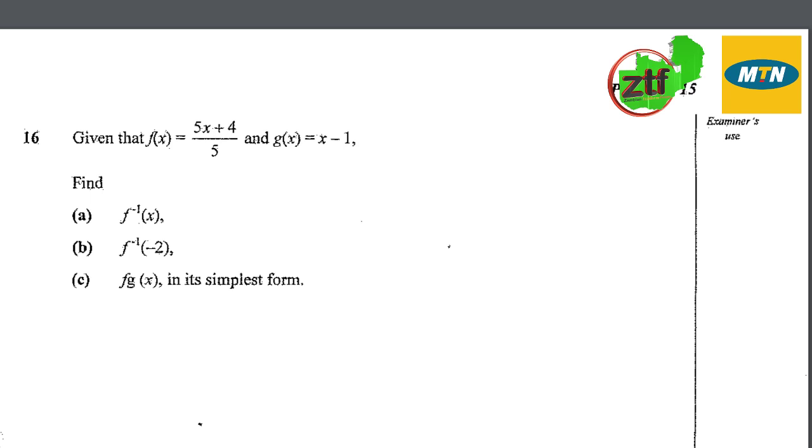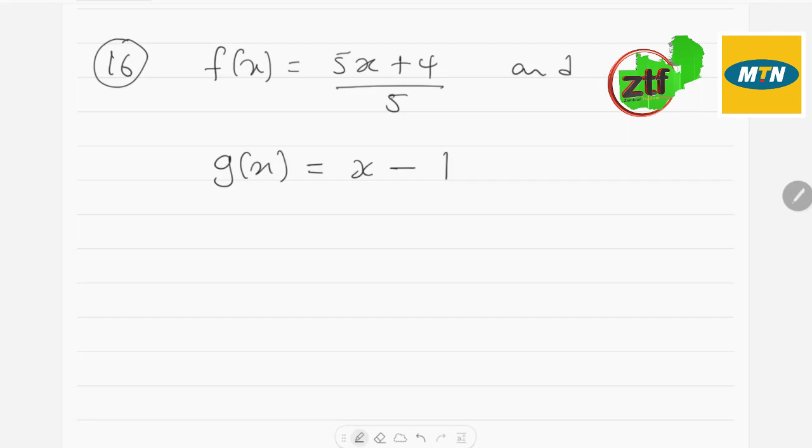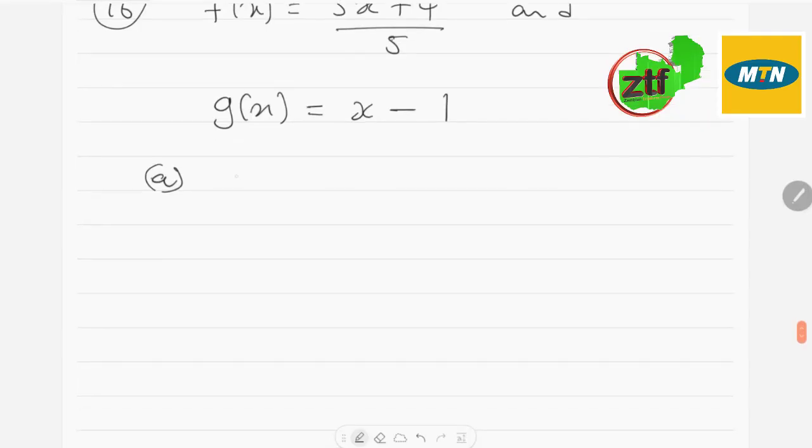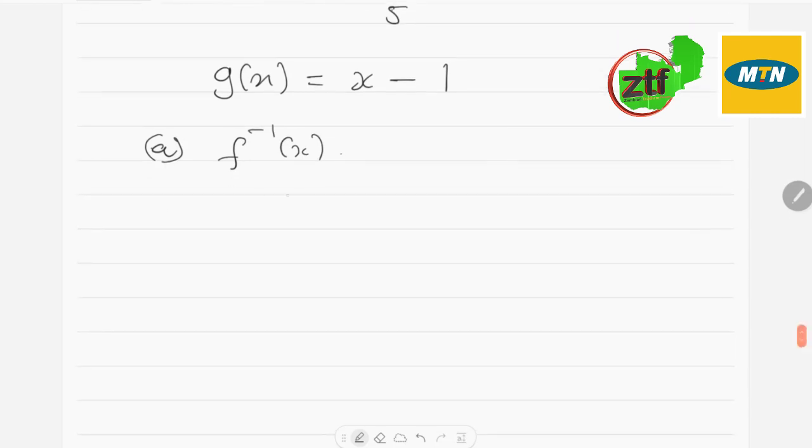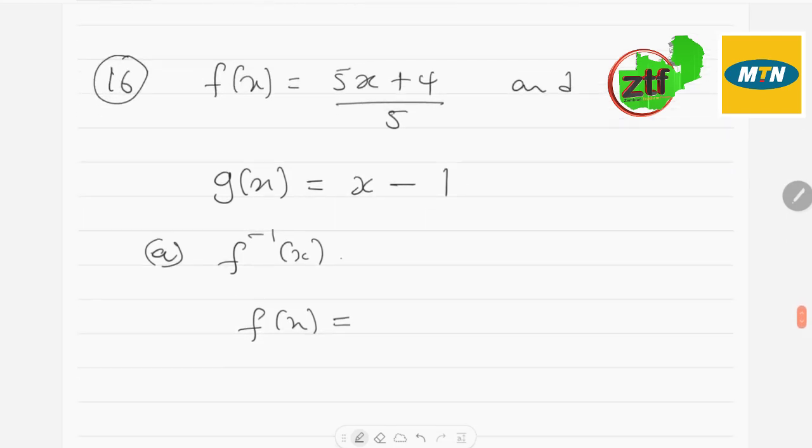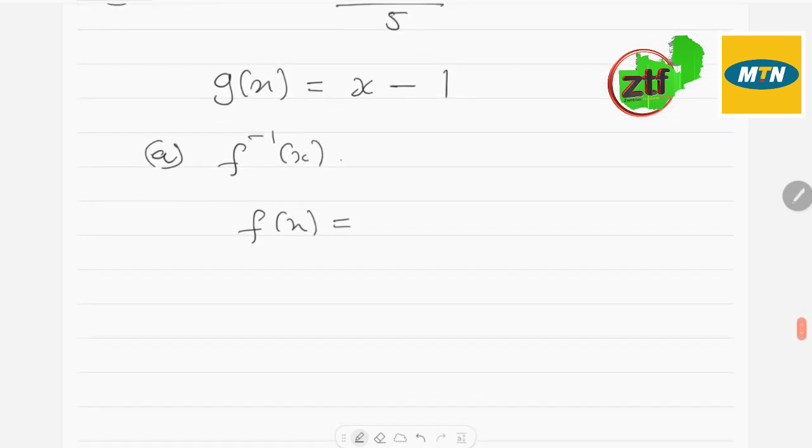Now, the first question is find f inverse of x. So question number 16 part A, find f inverse of x. So how do you find the inverse of a function? We have the function f of x, which is equal to 5x plus 4 over 5.